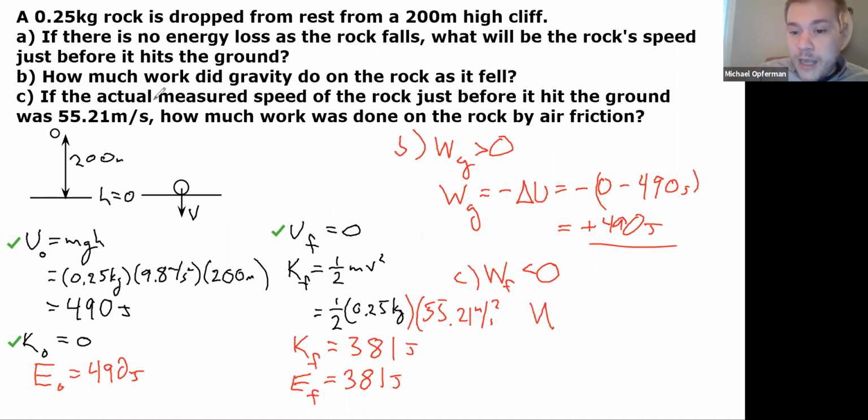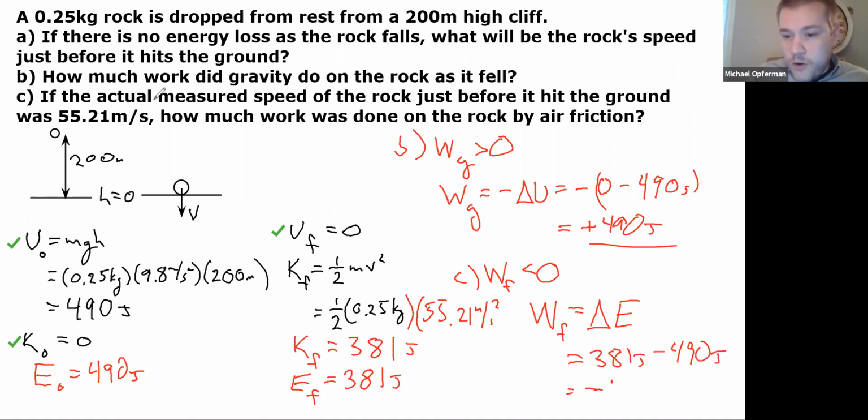So that means I can calculate the work done by friction as the change in total energy of the system. And if I do that, I'll do 381 is the final, minus 490 is the initial, and I get, what's that, negative 109. I did get a negative number as I expected, and so the work done by friction on the rock is negative 109 joules, meaning that friction actually removed 109 joules from the rock's energy.